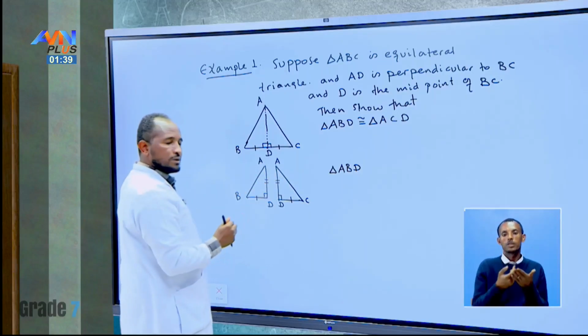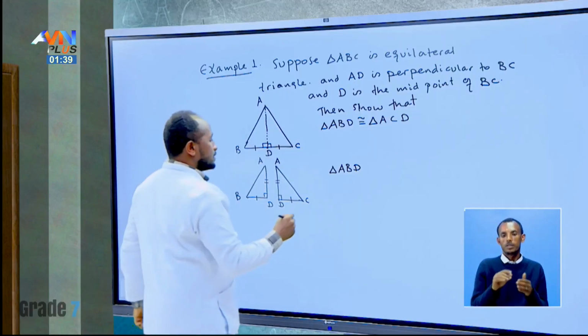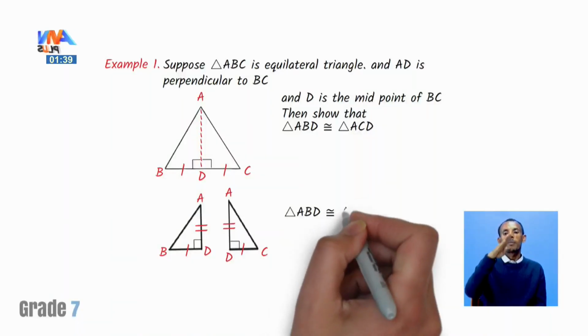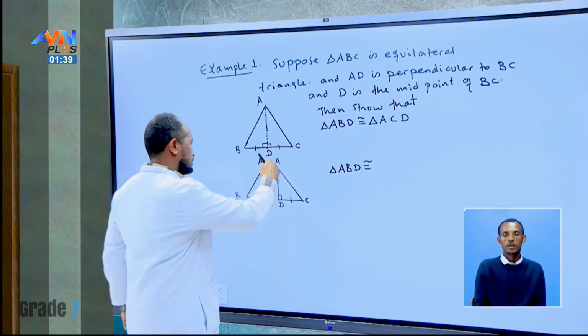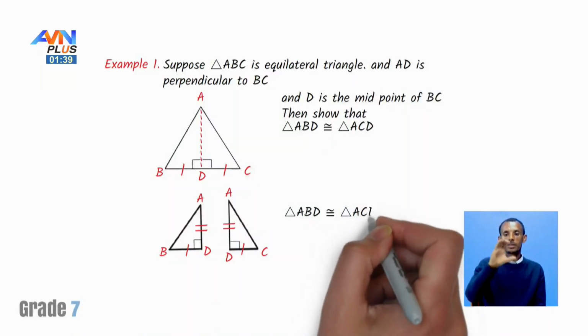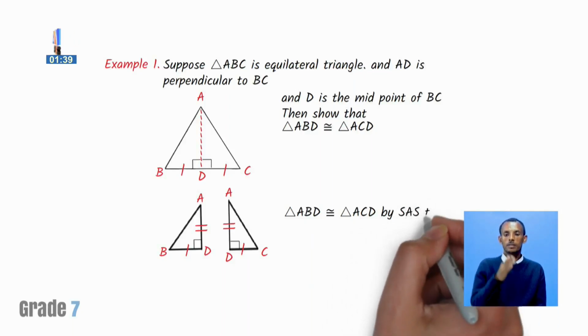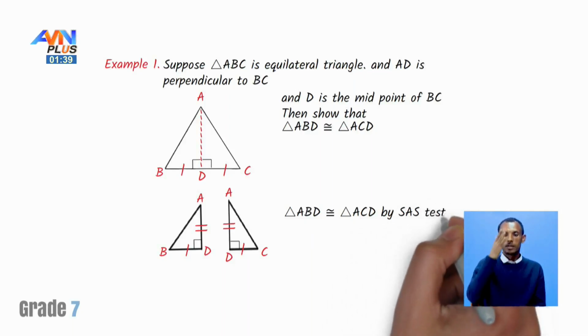So you just move this one onto this triangle. Therefore, triangle ABD is congruent to triangle ACD by the side angle side congruency test.